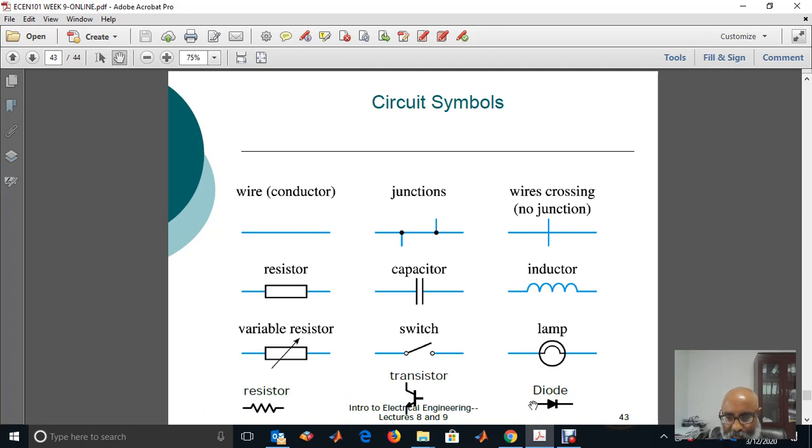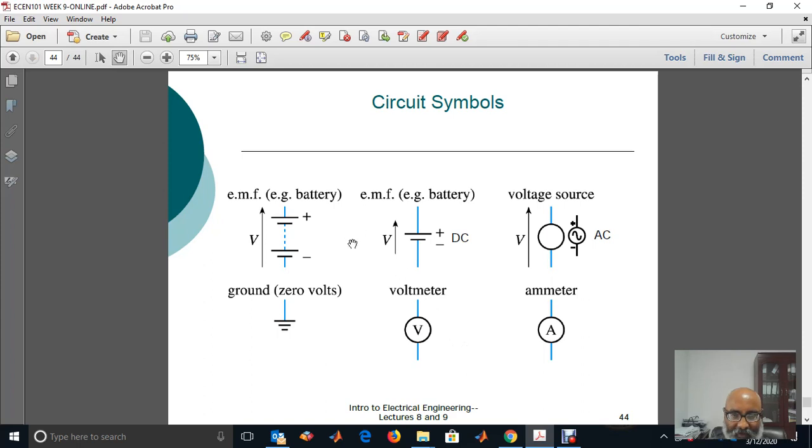A diode has 2 terminals. This is the symbol for a diode. And this is for a battery. And for AC voltage, like this, voltmeter, ammeter, and for the ground, or zero potential, is given by this.